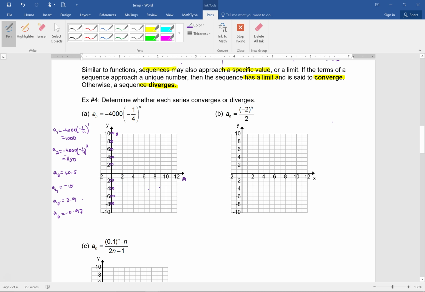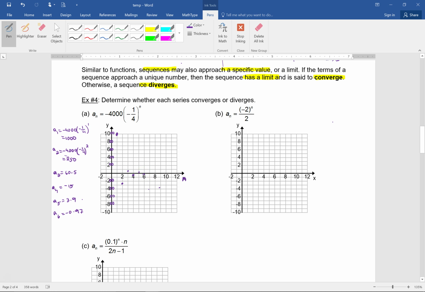When n equals 2, we're at negative 250. When n equals 3, we're at 60.5. N equals 4, negative 15. N equals 5, 3.9. N equals 6, right about there.